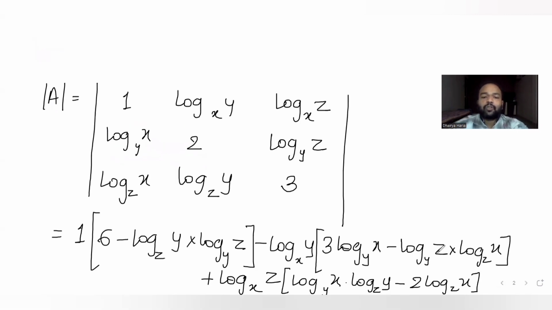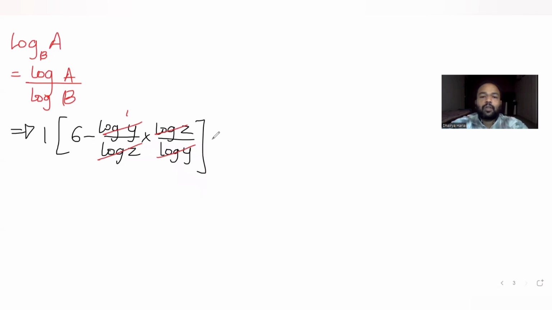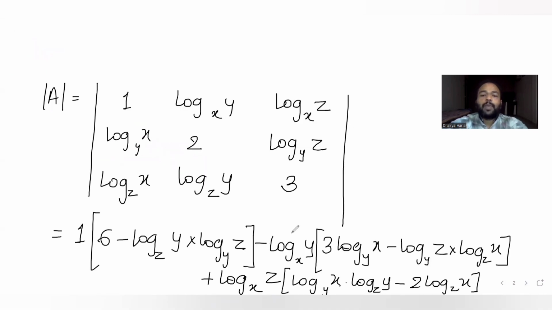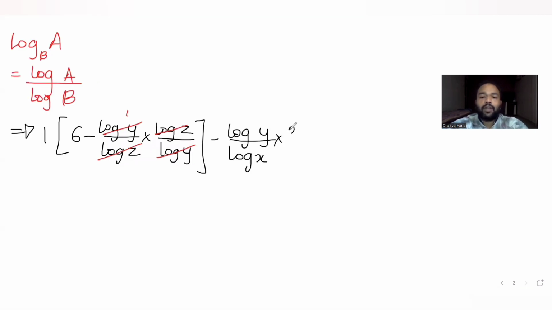Further, minus log y upon log x, multiplied with both of these terms. Log y upon log x multiplied with 3 log x upon log y.